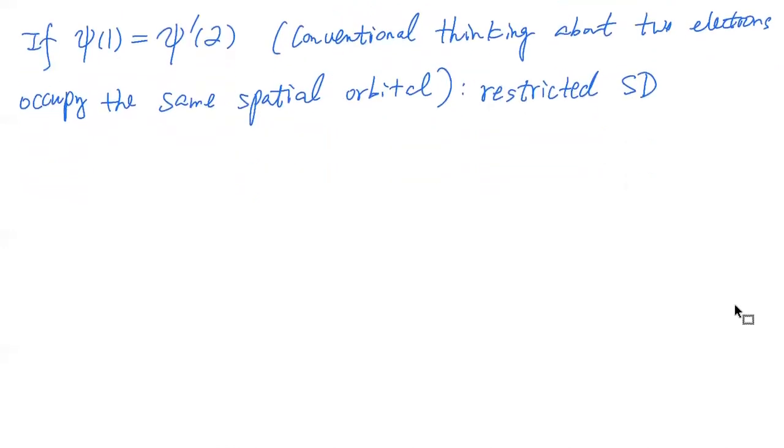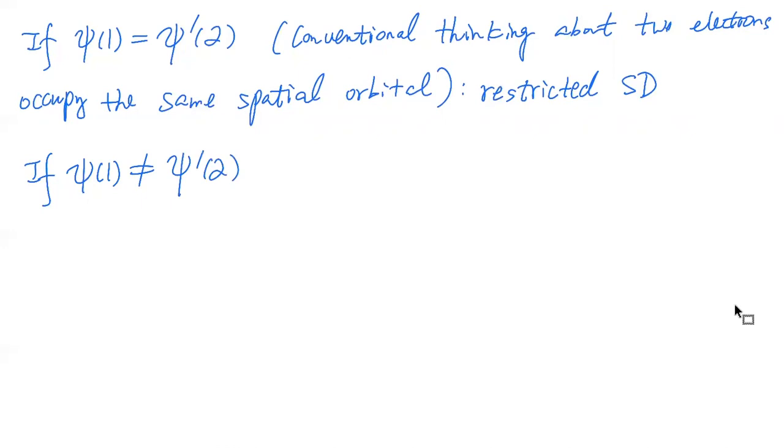Unless you put a constraint on the variational treatment and force psi 1 to equal psi 2 for a pair of electrons occupying the same orbital. Then of course, you always get a restricted Slater determinant. But sometimes we don't do that. We allow psi 1 to be not equal to psi 2.